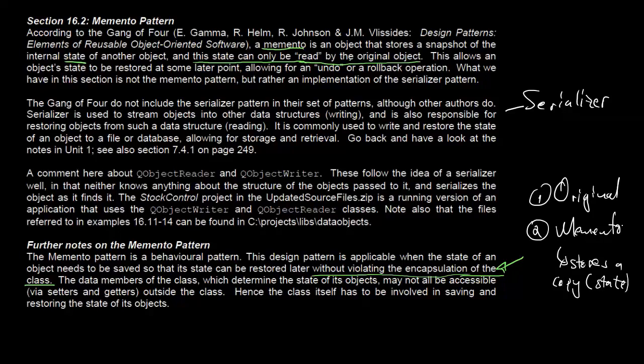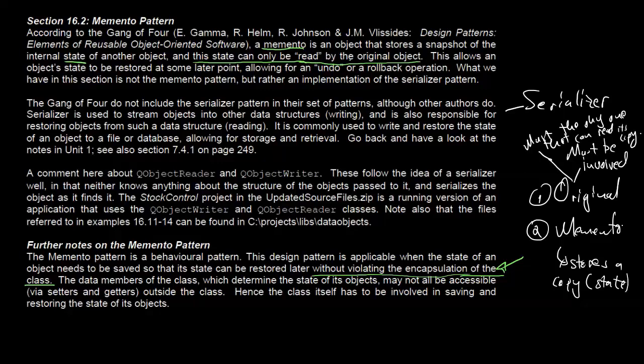And we are saying the original object must be involved in order to maintain privacy, or in other words, in order to maintain its encapsulation requirements. In other words, it must be the only one that can read its copy.